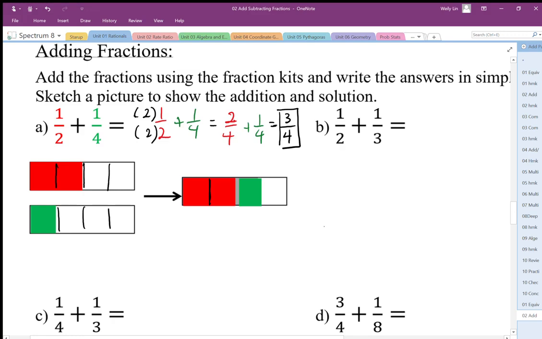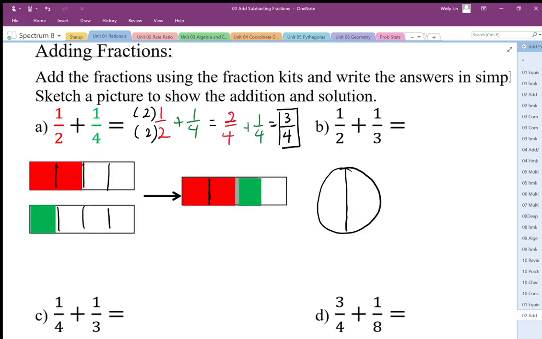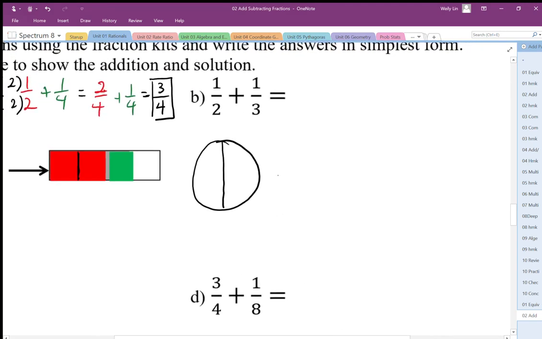So here I have a 1/2 fraction plus a 1/3 fraction. The pictures aren't that good, but this is the best we can do. There's my 1/3 fraction here, and I'll do my 1/2 fraction in red. That's that one there.